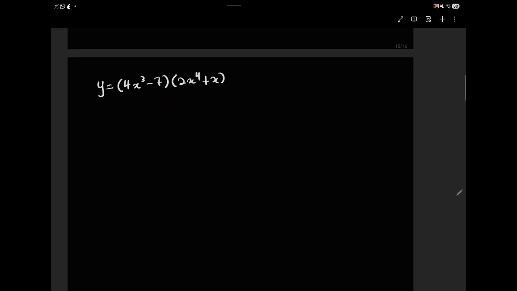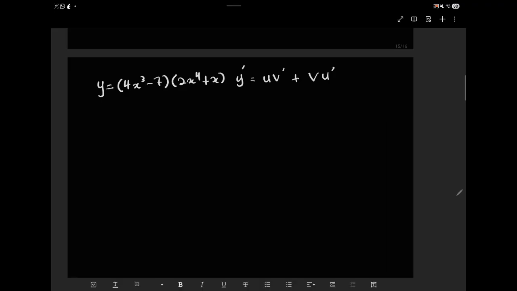The product rule again is u v prime plus v u prime. Alright, so to get dy dx, or let's use prime here, the y prime, it is equal to this.